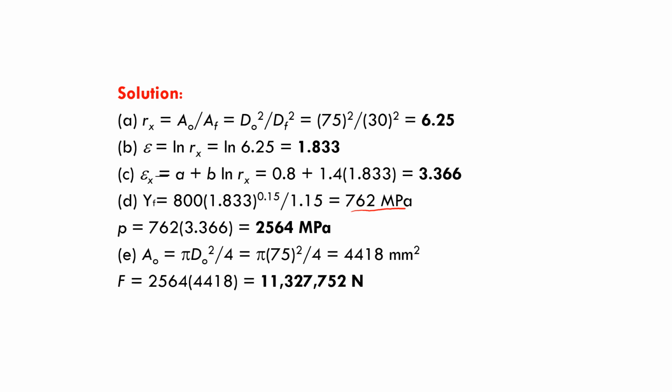Then you'll get this value, and when you put it into the equation for the pressure, you'll get this value. The final one is force. The force is calculated by using the pressure times the area. Remember? The pressure you already have, and then you just calculate the cross-sectional area, and you will get the value for the force.